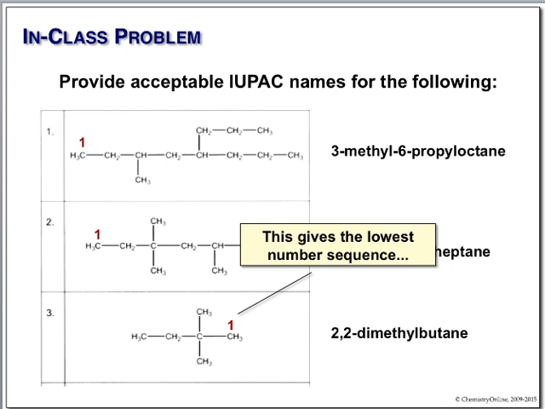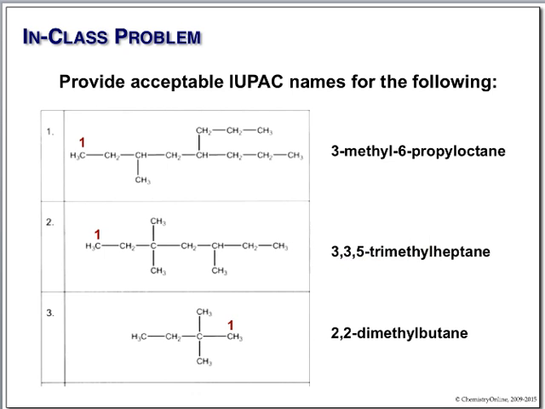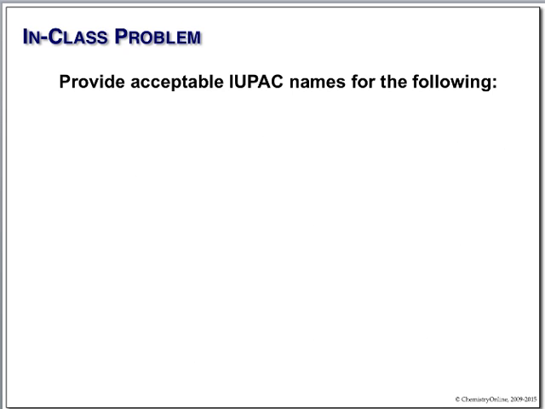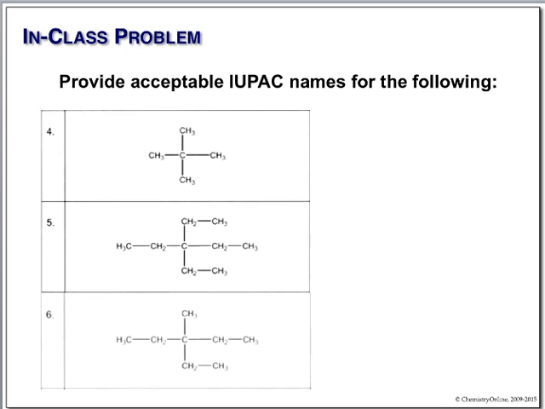Any questions? We have a 3-carbon parent, don't we? Either one, anyone, could be carbon number 1. And we simply have 2,2 dimethyl.